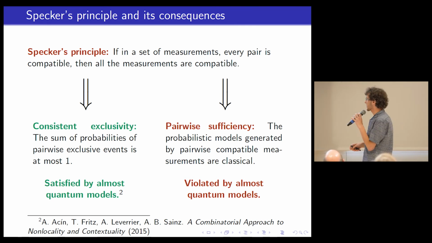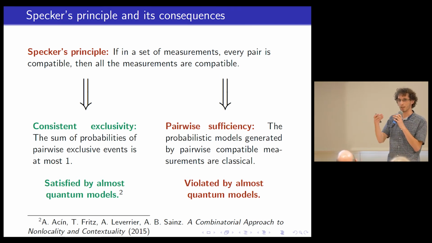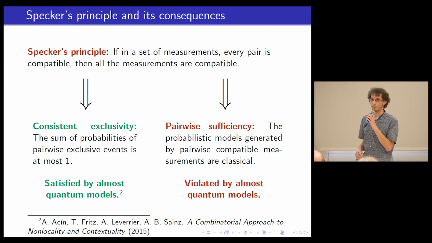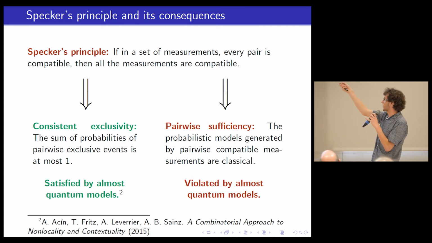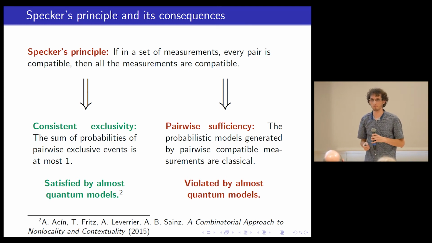The hierarchy that you mentioned, almost quantum correlations appear there as one level of the hierarchy, I think. Because of the inclusion conditions, you could probably infer other non-inclusion conditions between different levels of the hierarchy and the correlations allowed by Specker's principle. But what is the actual set of correlations allowed by that principle? We don't know.